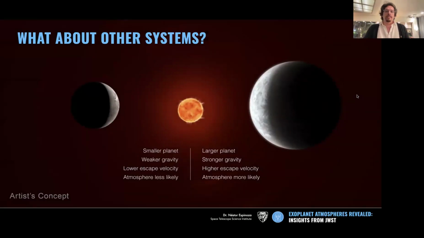First of all, smaller planets, like the ones on the left here, have weaker gravity, and therefore any molecules can escape very easily to space. But if you have a planet like the one on the right that is larger, more massive, then it has more gravity and it can really hold on to its atmosphere, right? So bigger planets will hold on to their atmospheres more easily.